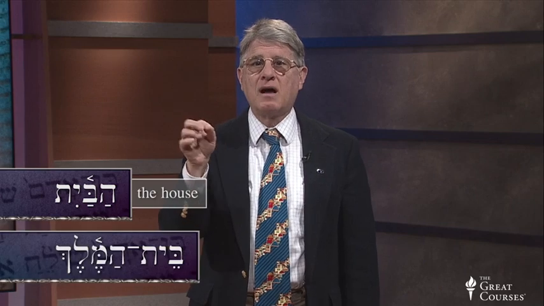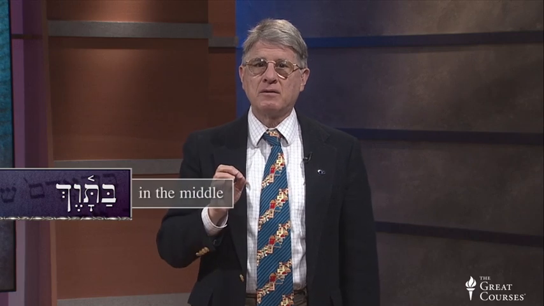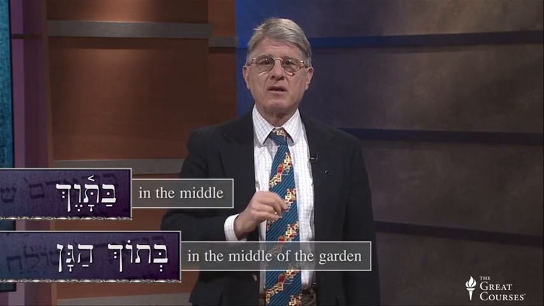Ayi to A and ave to O. One of the most common circumstances when that happens, and these are the examples I showed you back then, is when a noun with one of those shapes is put in construct form. Ha-bayit, the house, beit ha-melech, the house of the king. Ha-tavech, in the middle, betoch hagan, in the middle of the garden.